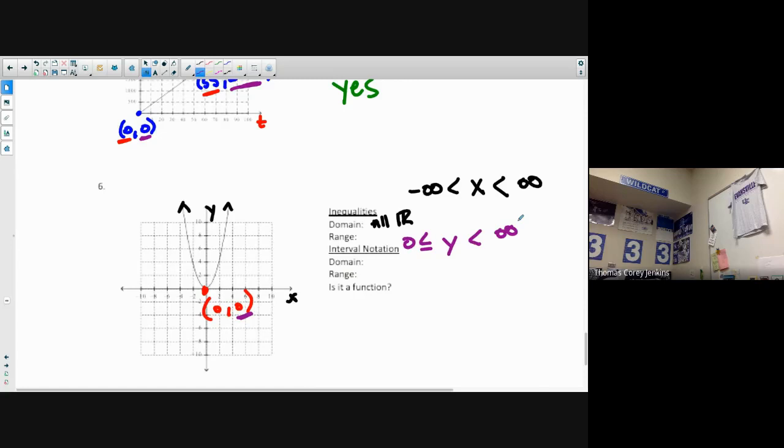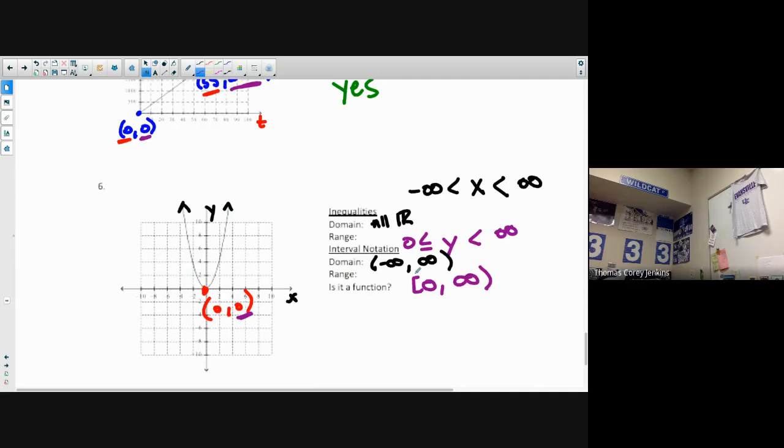Okay, so in interval notation, my domain would be parentheses, negative infinity, comma, positive infinity, close parentheses. My range would be bracket 0, comma, infinity, close parentheses.